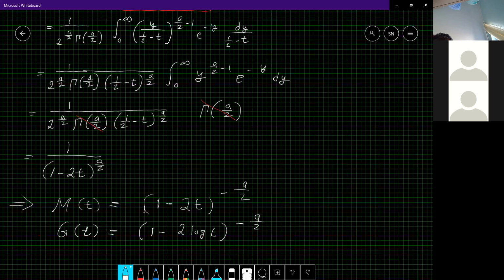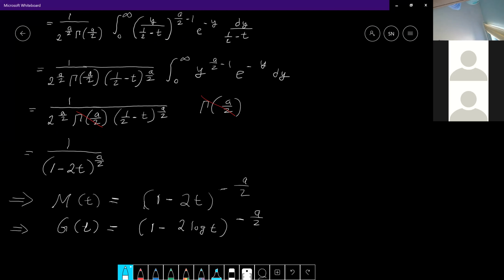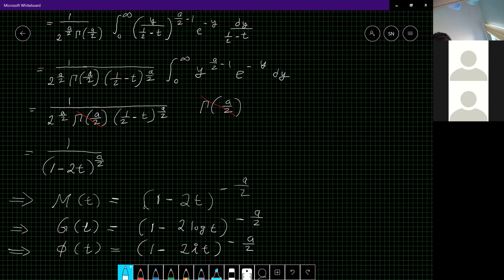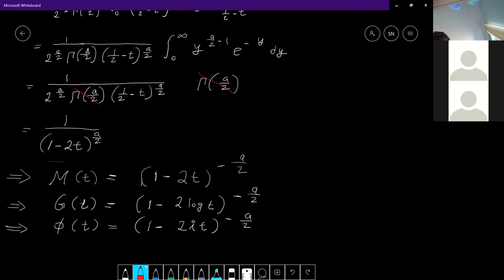And you can also show that the characteristic function for the chi-squared variable with a degrees of freedom is equal to this. So again, you can try to prove it by yourself. These are the main results for the chi-squared variable with a degrees of freedom.